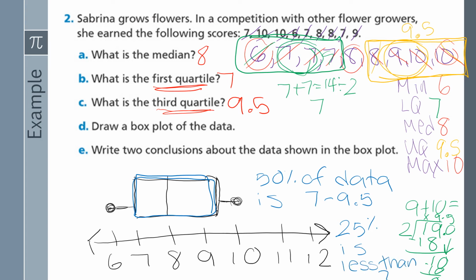Something like that. So just remember that these are all equal to 25%, so the whole thing would be 100%. So all of her data is between 6 and 10. All of her scores for her flowers are between 6 and 10. So your answers could vary. It just says draw 2 conclusions about the data.